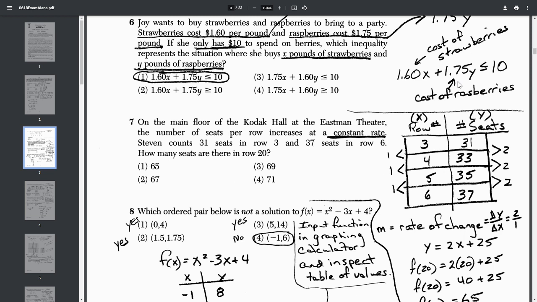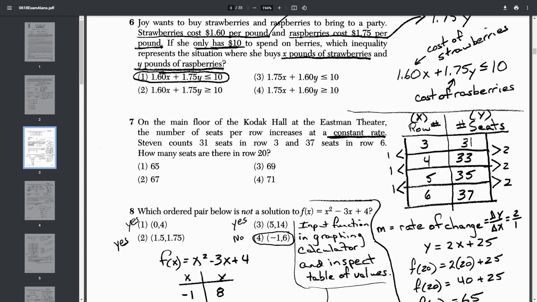So if we're adding 2 seats every row, if we go backwards a couple rows, row number 1 has 27 seats. Row number 0 would have 25 seats.